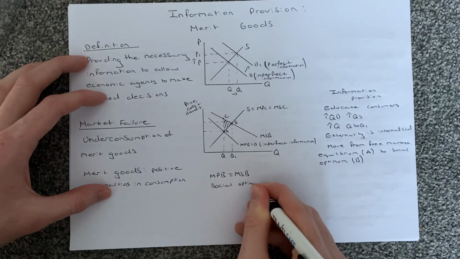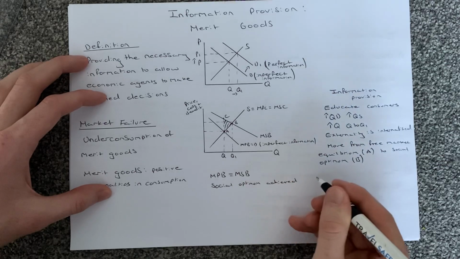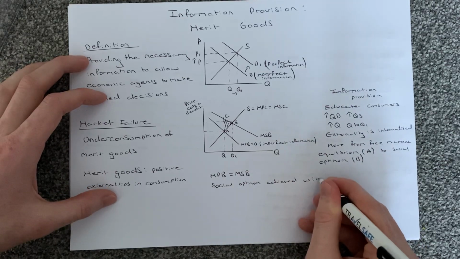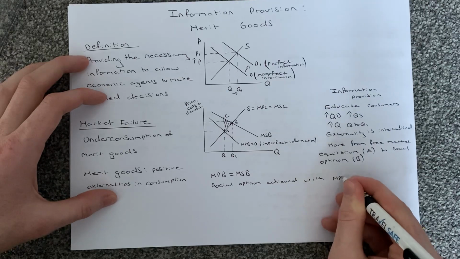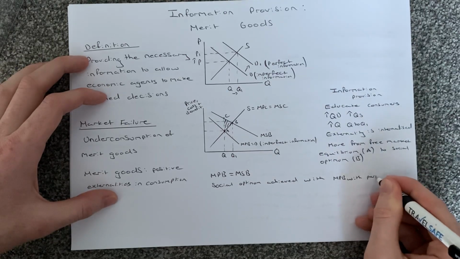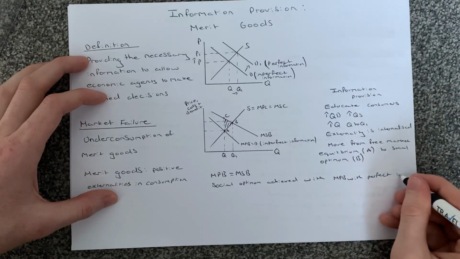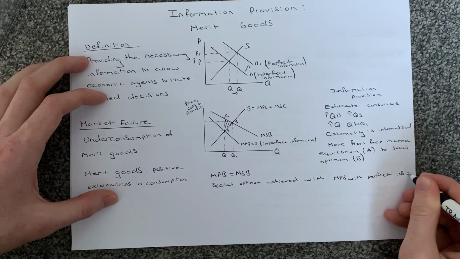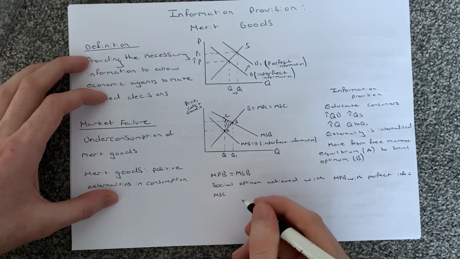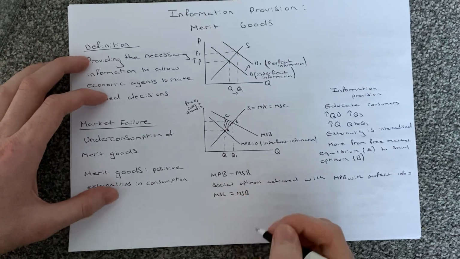Social optimum achieved with MPB with perfect information is equal to the marginal social cost, which is equal to the marginal social benefit.